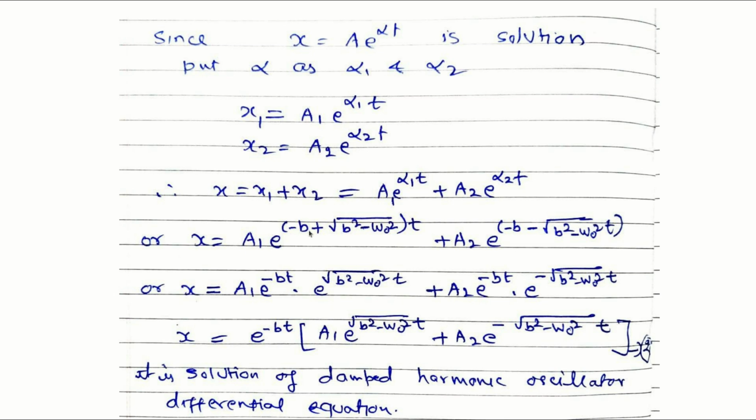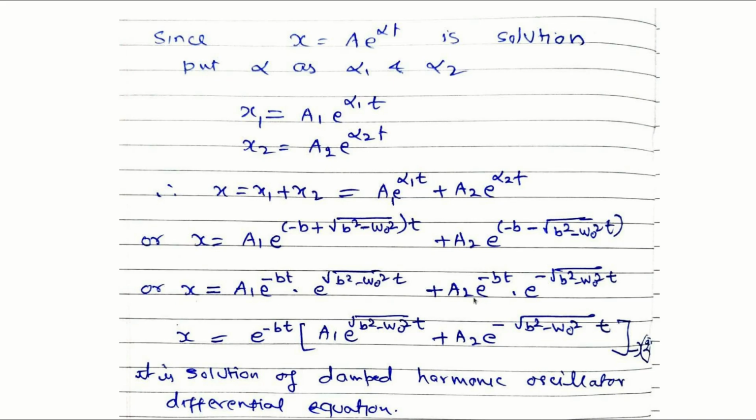The same formula can be applied here: a2 e raised to power minus bt into e raised to power minus under root of b square minus omega naught square t.